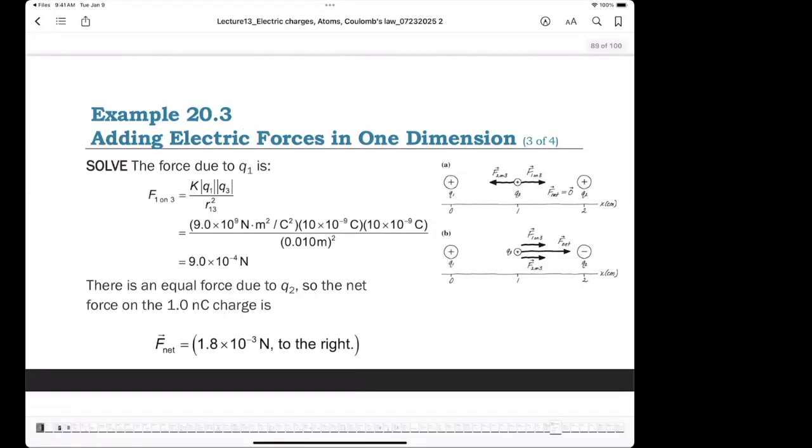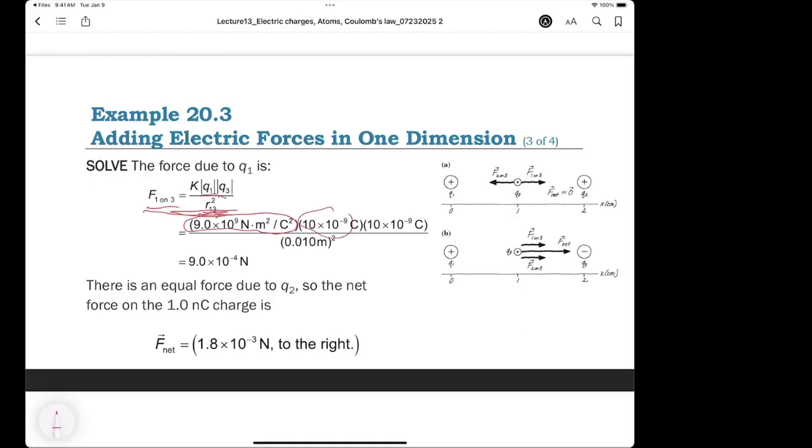We just use this equation to calculate the force 1 on 3: put K here, Q1 here, Q3 here, and R here. And this is the net force. This is an equal force due to Q2.